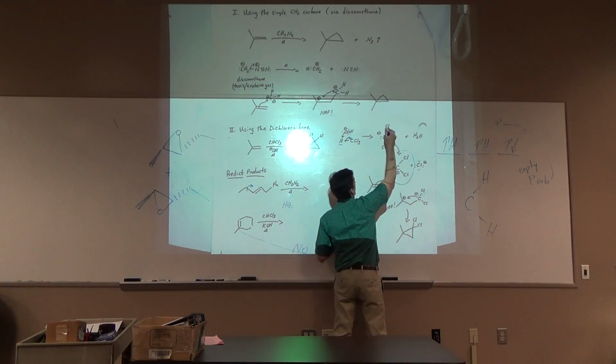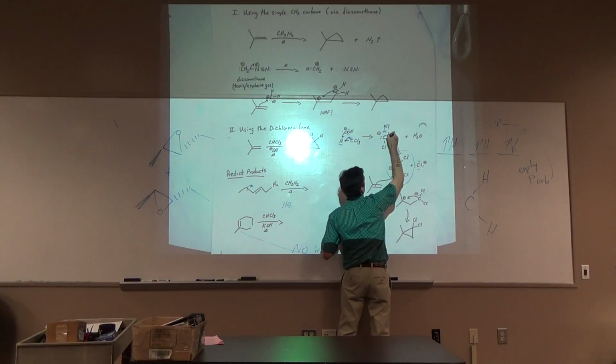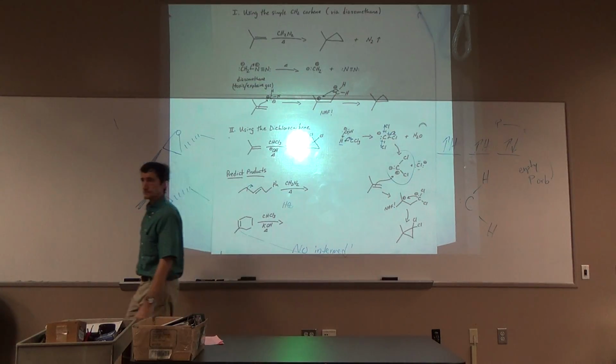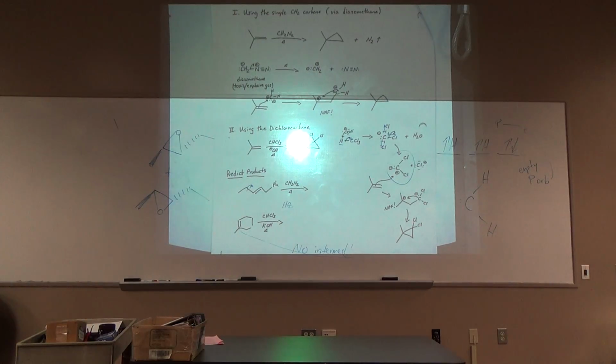The reason this is formed is because all these chlorines help stabilize that minus, and that's why chloroform is a touch acidic. We can do this chemistry.